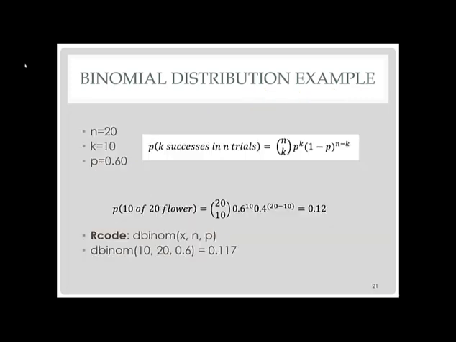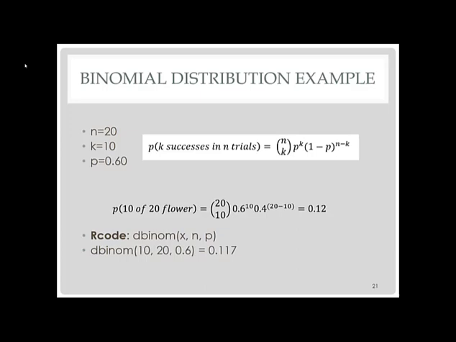Thank you for coming back. Let's now go over the solution. The problem gave us n equals 20, the number of plants. And we're interested in finding the probability that 10 of the 20 plants bloom. So k equals 10, or 10 successes out of 20, with a constant probability of 0.6.